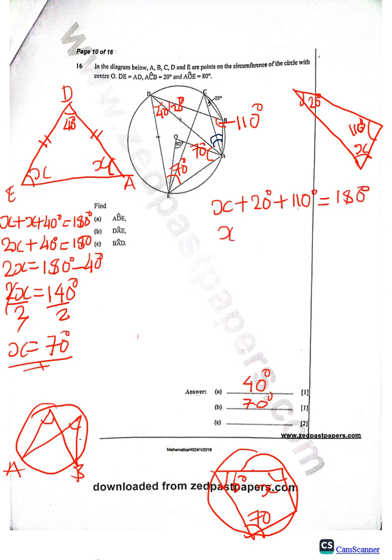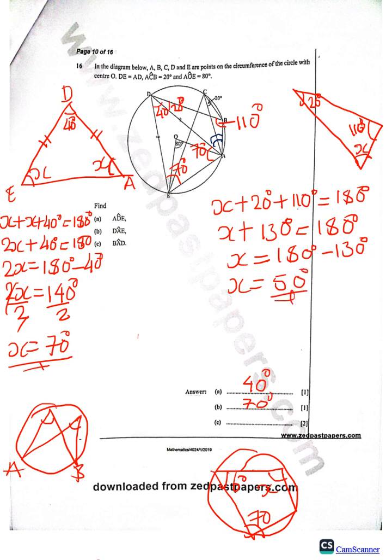Then we add 20 plus 110, which is 130, equal to 180. We can collect like terms by shifting 130 to the other side. So 180 minus 130, our x is equal to 50 degrees. So this means that here we have a 50. So our angle BAD is equal to 50 degrees.